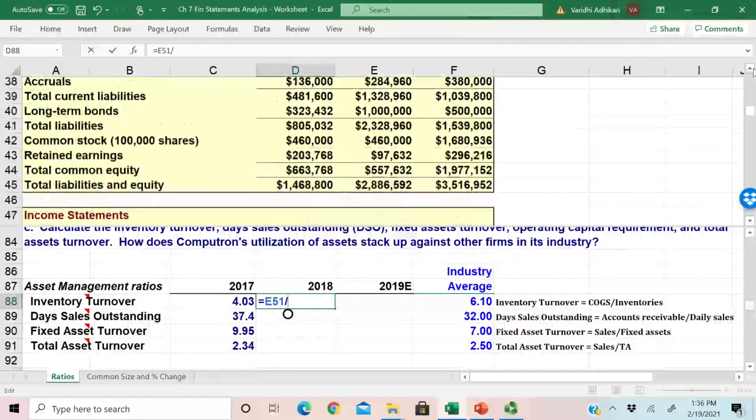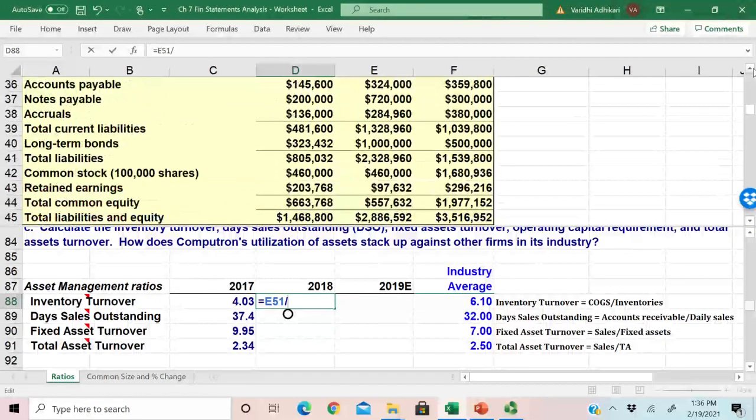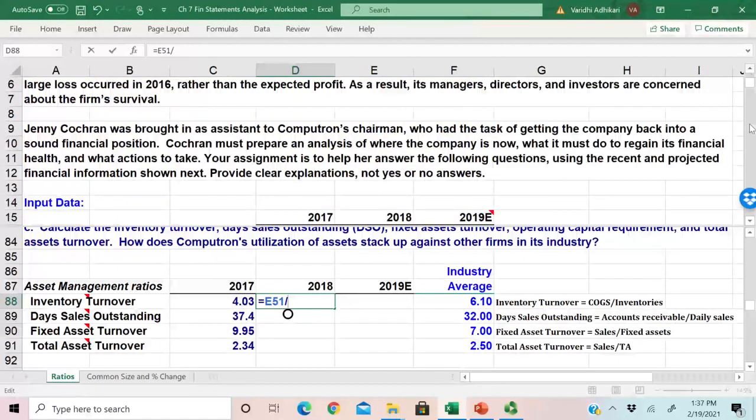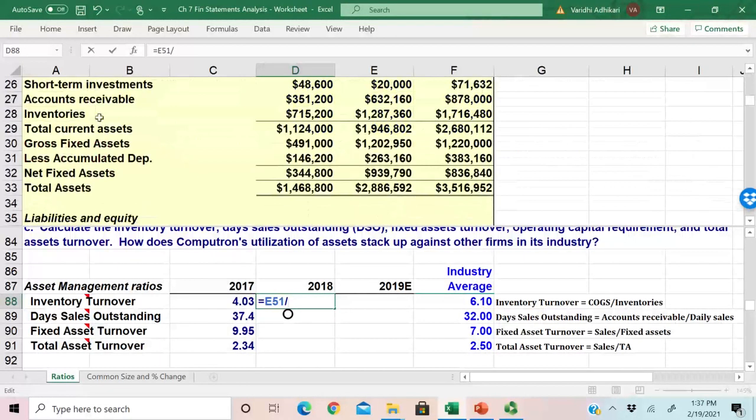The inventory item we can go and check here: accounts receivable, accruals, inventory. Where is it going? Inventory. So the inventory turnover in 2018 is 3.87. What that means is, one way to think about it, this year, 2018, they were able to turn over, so exhaust their inventory, almost 4 times.